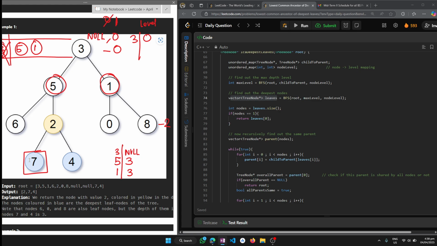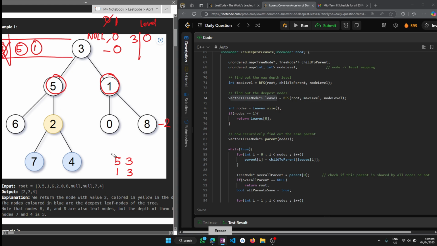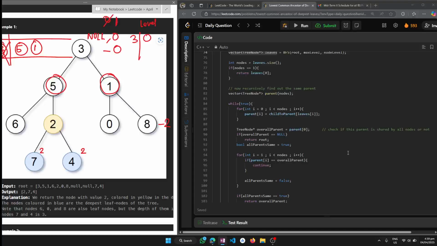If leaves dot size equals 1, just return the only single leaf that you have as the answer, because it's going to be the LCA of itself. Otherwise, what do you need to do? Just like we did at the very start of the question, you need to compare the parents, and that is exactly what we are doing. We are not doing it recursively, we are actually doing it iteratively, but you could very well do it recursively as well.